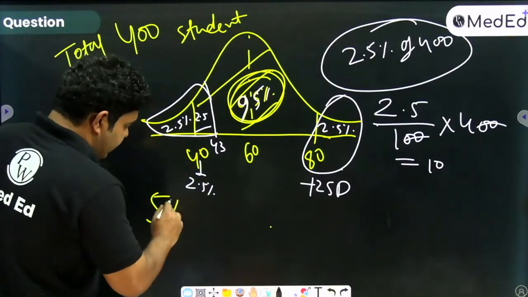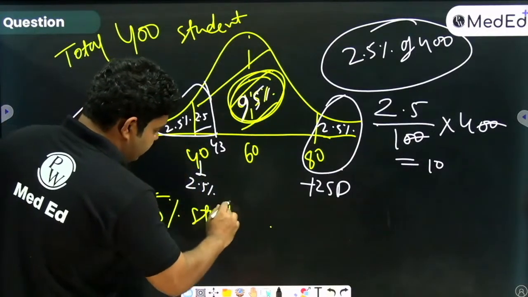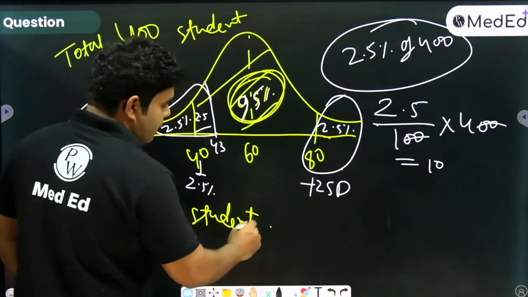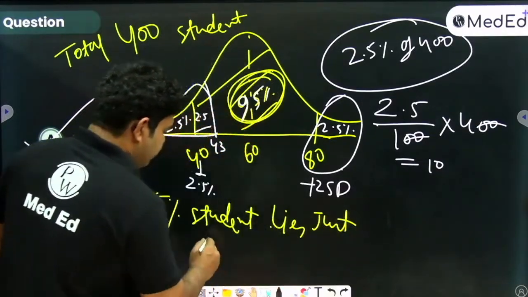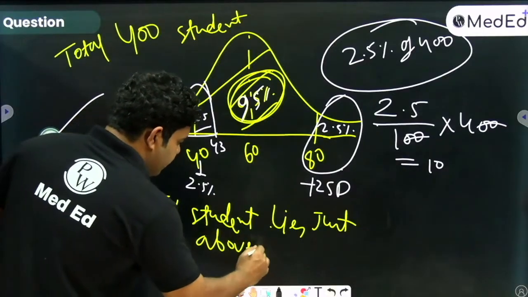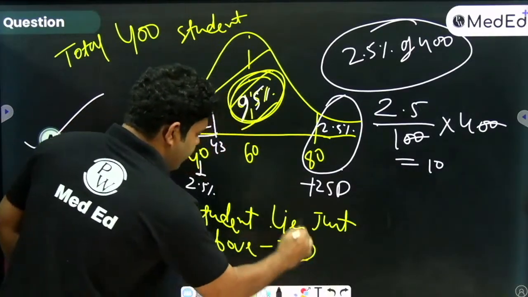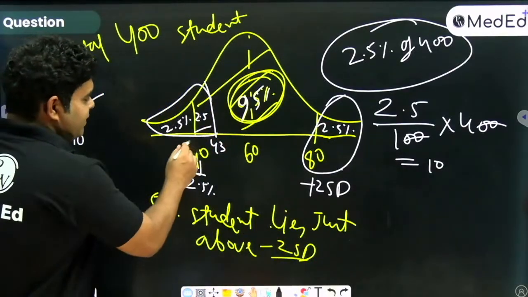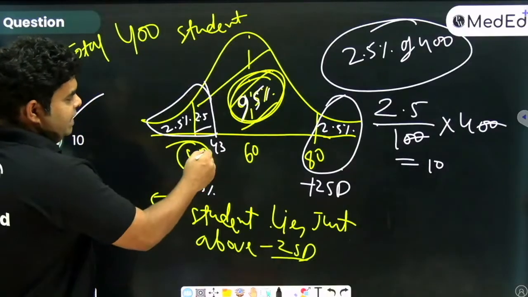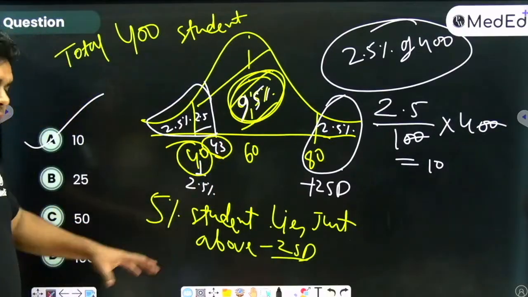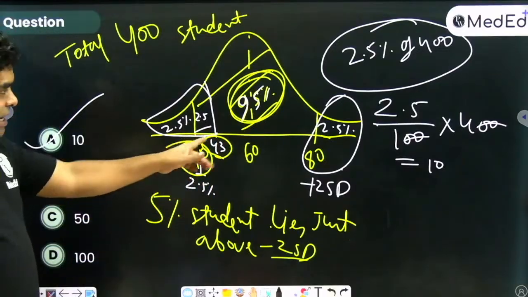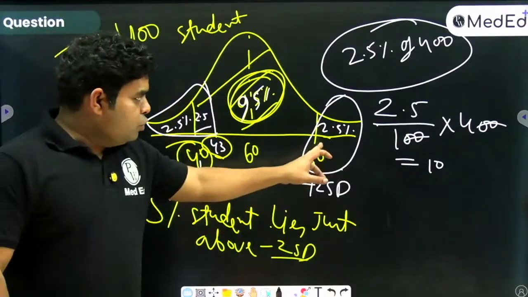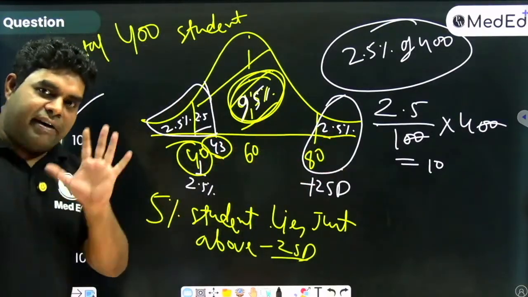What I'm saying is, 5% of the population lies just above -2 standard deviation. If -2 standard deviation is at 40, 5% will be just above 40, at 43. And outside +2, we have only 2.5%, not 5%.